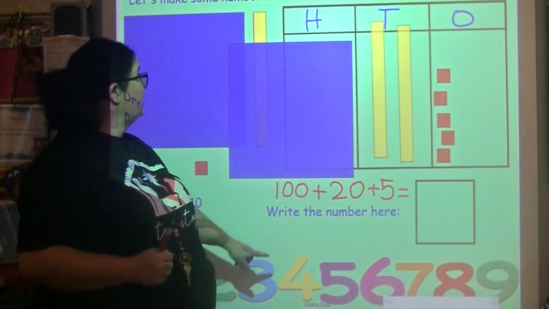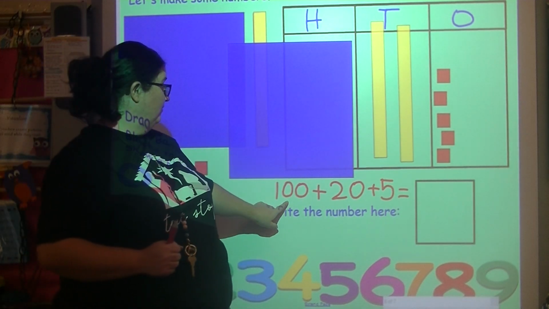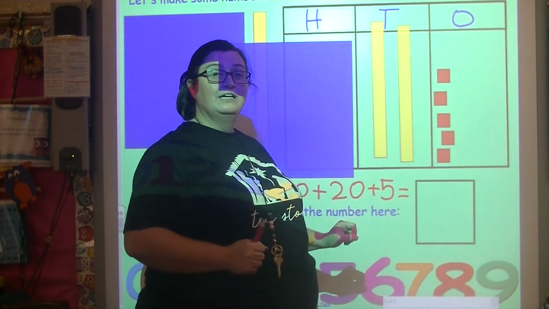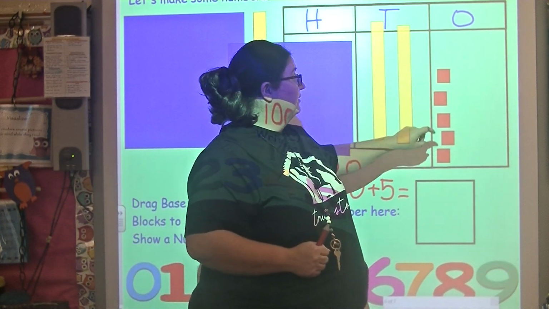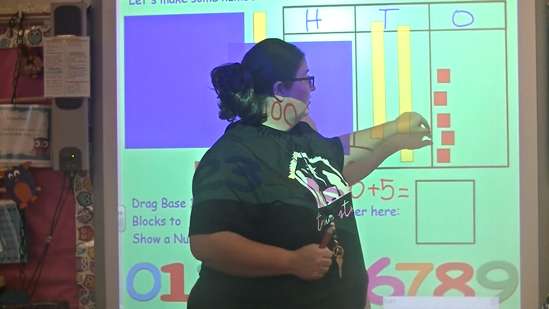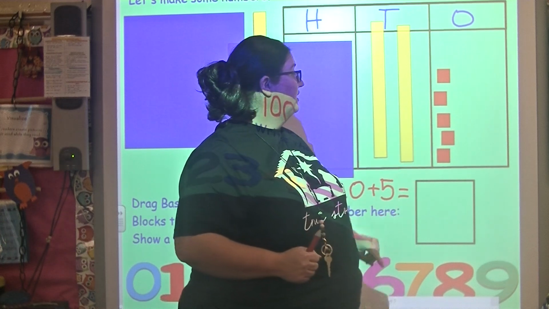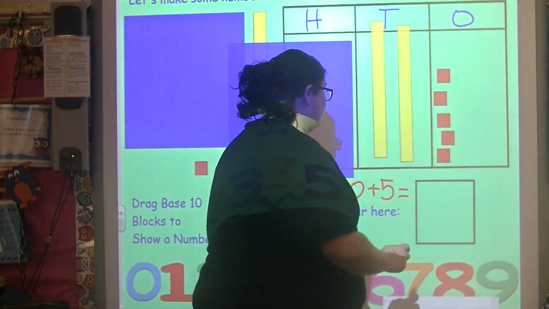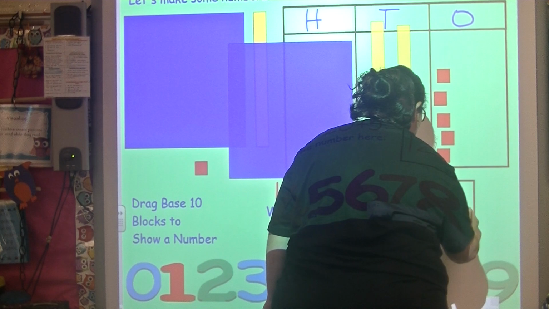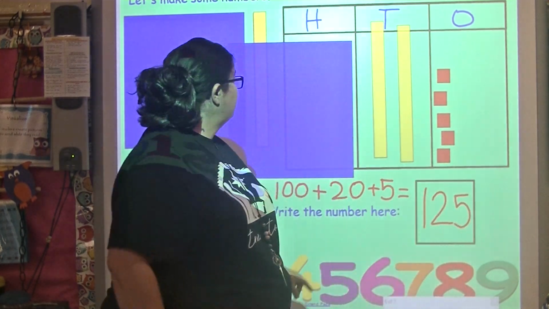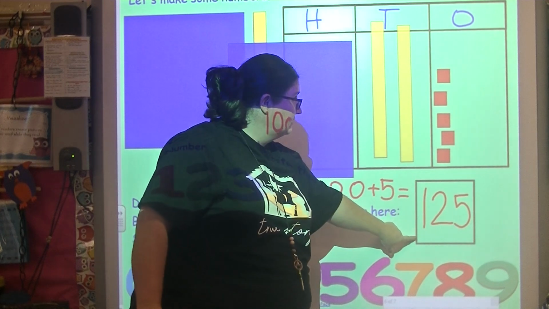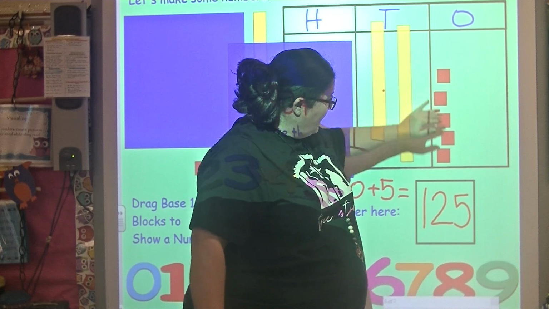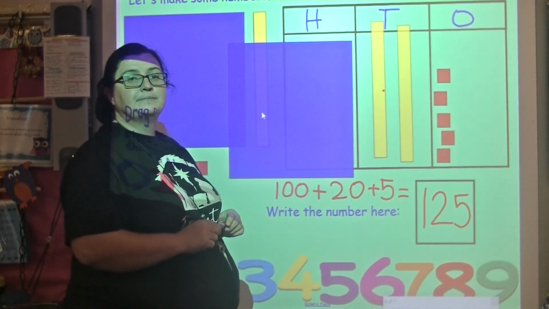So what's my number in the hundreds place? 100, 110, 120, 121, 122, 123, 124, 125. What's my answer? 125. That means I have 1 in the hundreds place, 2 in the tens place, and 5 in the ones place.